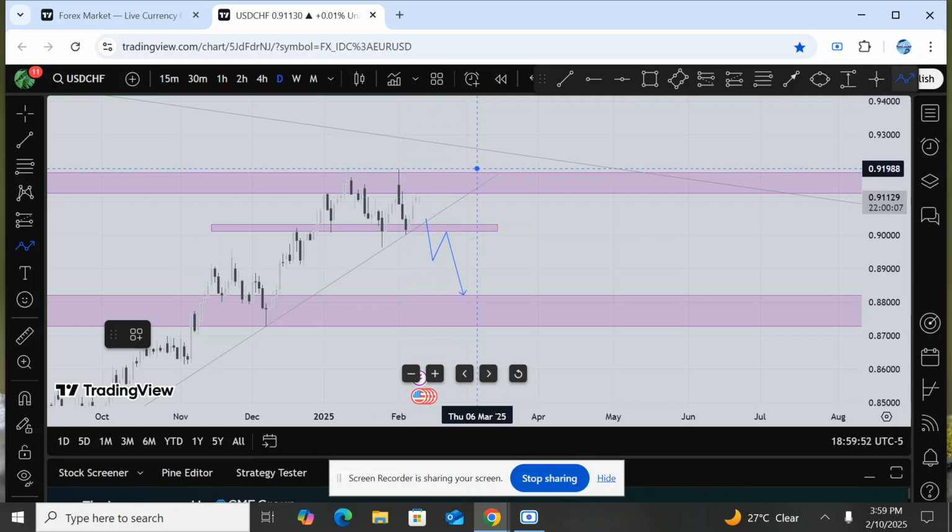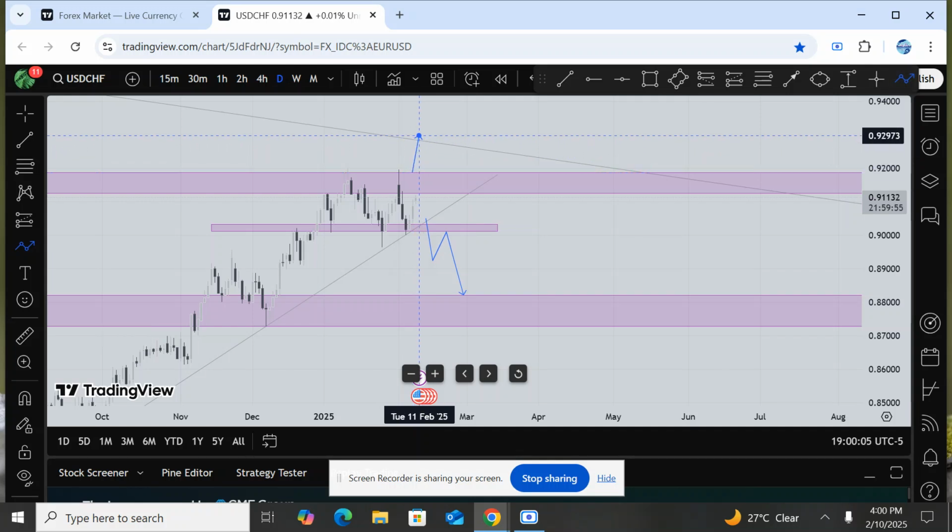But for our buy, if I'm going to buy USD CHF, I will want to wait for USD CHF to break above this zone right about here, probably attack the trend line, then maybe pull back. Then if the market gives us a confirmatory buy, we're not going to hold it for long.